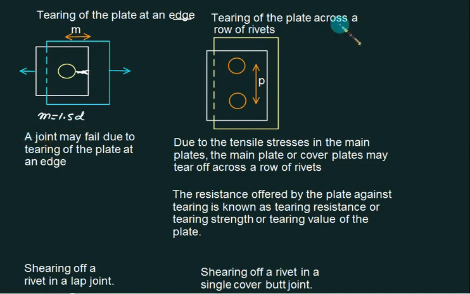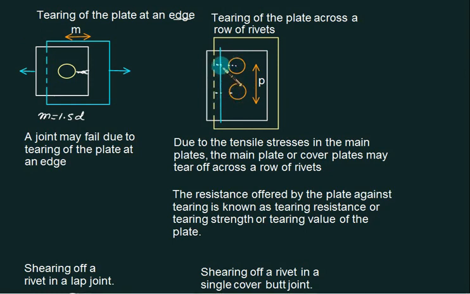Tearing of the plate across the rivets will take place if you are not able to maintain sufficient pitch. Suppose you maintain the pitch like this, then this distance is small. Now consider this plane; I am talking about center to center, from this point to this point.